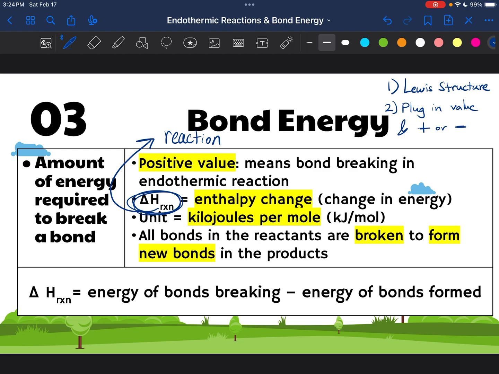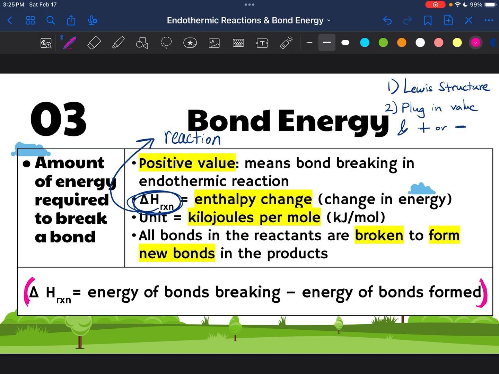The unit is kilojoules per mole, and all bonds in the reactants are broken to form new bonds in the products. That's pretty much all the definition, but make sure that you keep this in mind, right here. This formula will save your life in this lesson. So make sure you keep that in mind.